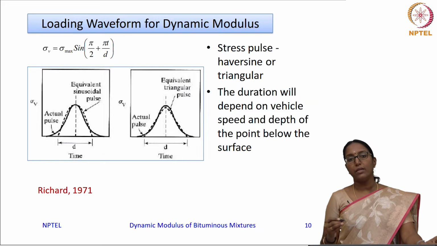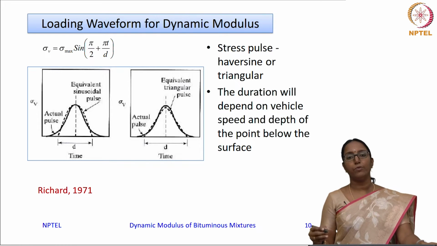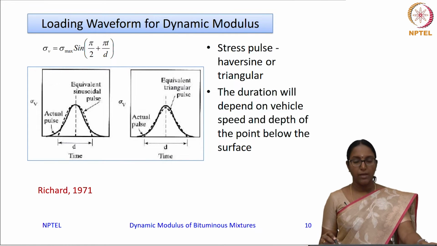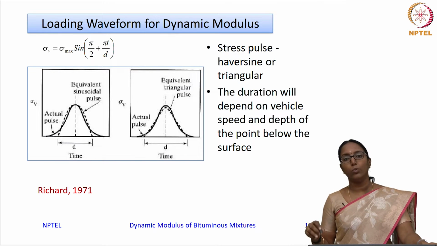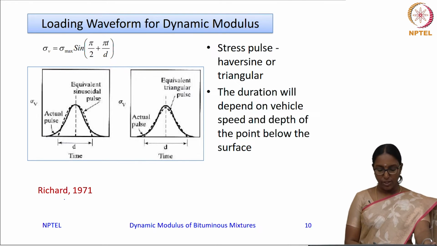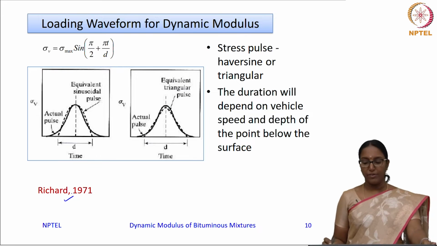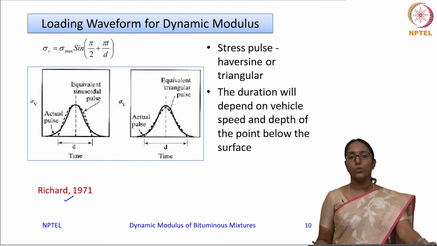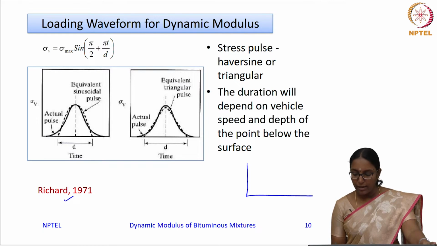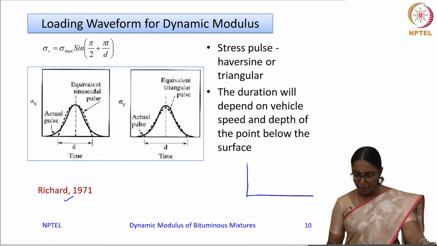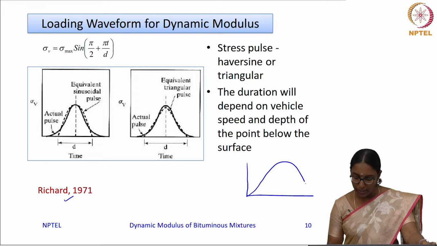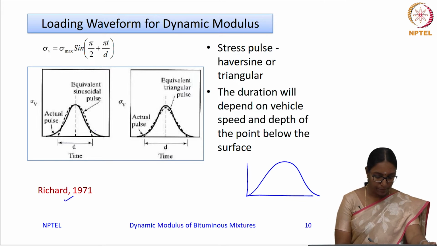Or what should be the waveform that will correspond to the type of loading that is happening in the field? There has been a substantial amount of work done by, say, Richard in 1971, and in his paper it is very clearly defined that when a vehicle passes on a pavement surface, it will follow essentially a path like this, as shown here.